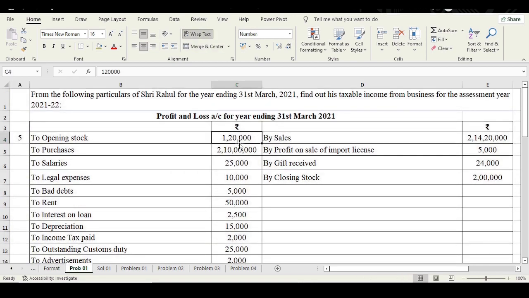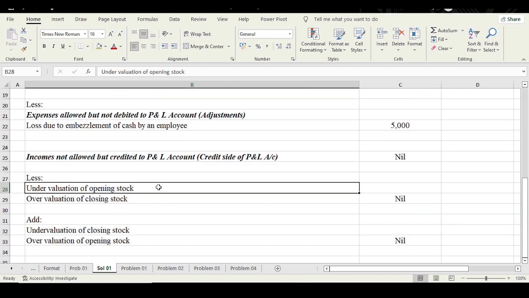That means to say the figure that is shown over here is 90% of the actual price. Okay, so at 90% it is 1,20,000. Undervaluation is to the extent of 10%. So for 10%, what will be the value? So how will you do it? At 90% the value is 1,20,000.